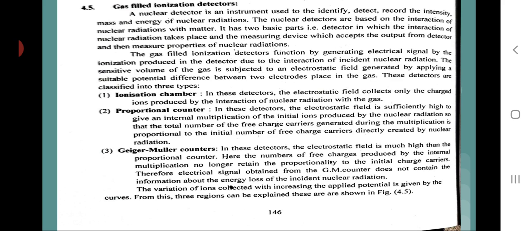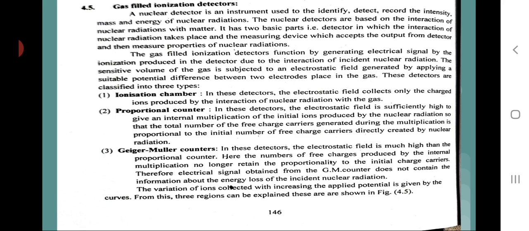Nuclear detectors are based on the ionization of matter by nuclear radiations. It has two basic parts: the detector, in which the interaction of nuclear radiation takes place, and the measuring device, which accepts the output from the detector and then measures the properties of the nuclear radiations.